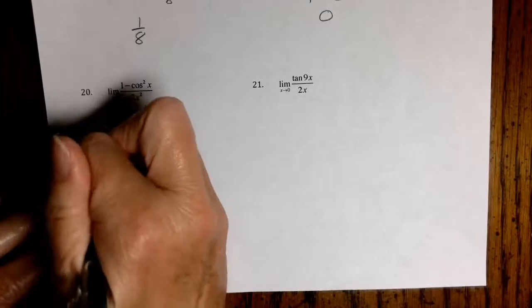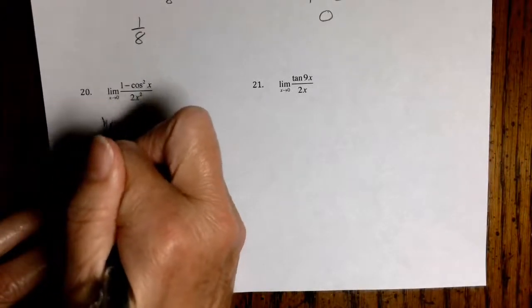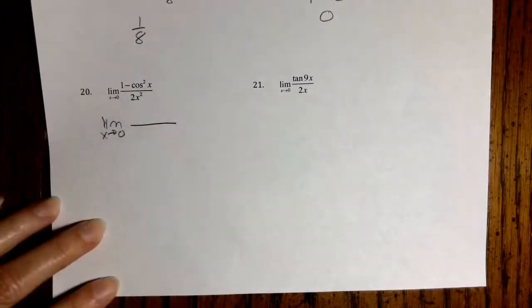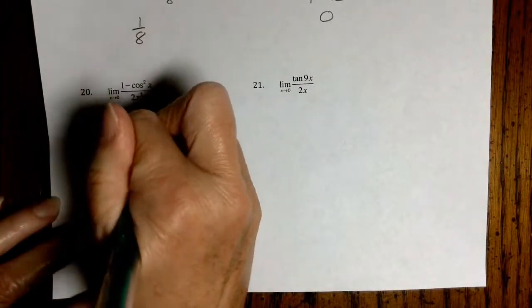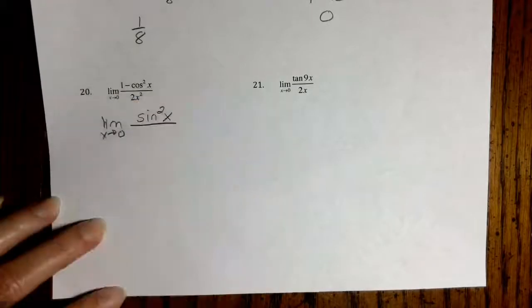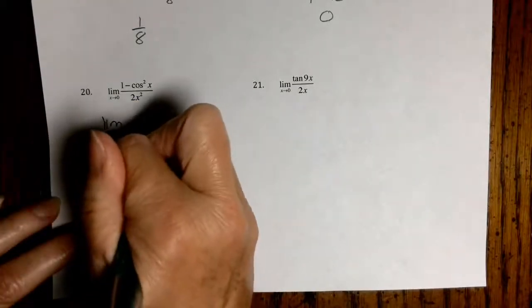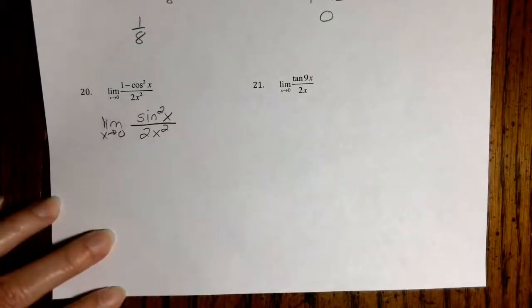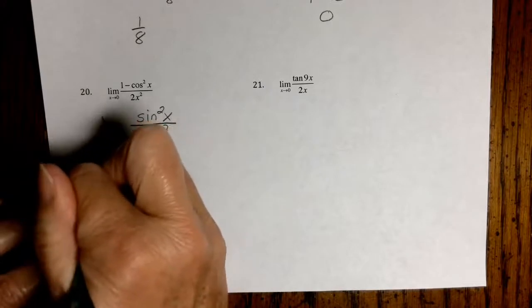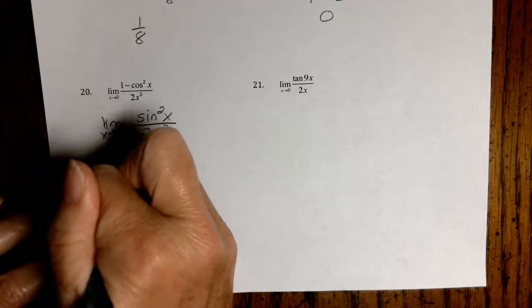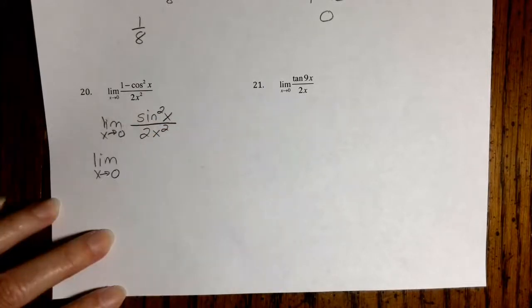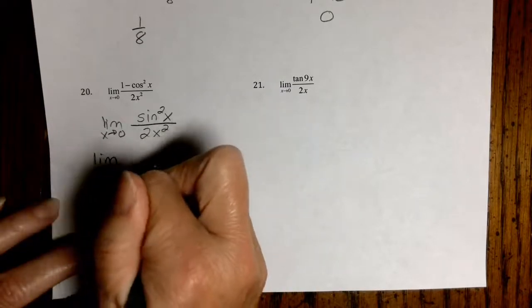Little trig review. 1 minus cosine squared is hopefully looking familiar to you from last year. That is sine squared of x over the 2x squared. Again, it's a proof, and I have to split them apart into known limits. Well, what do we know?